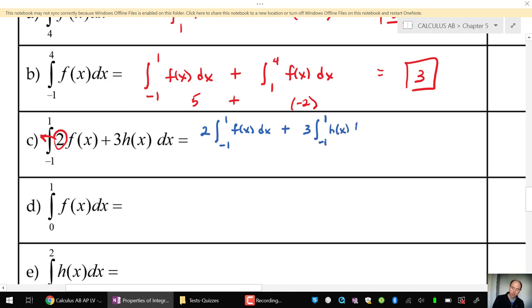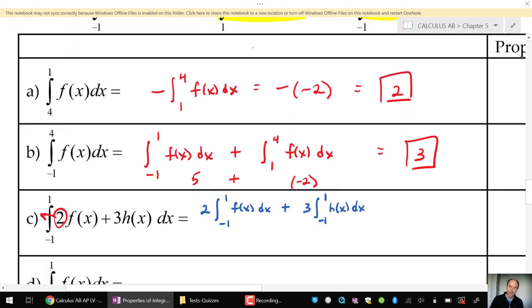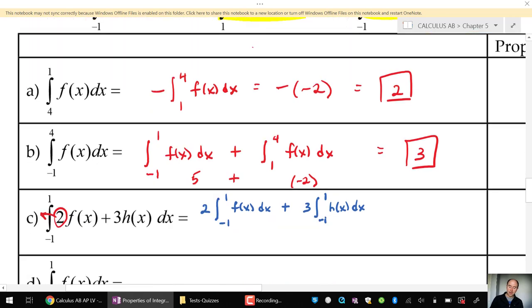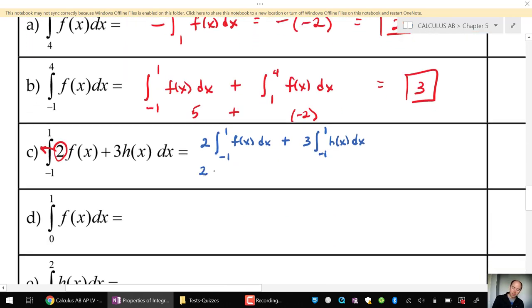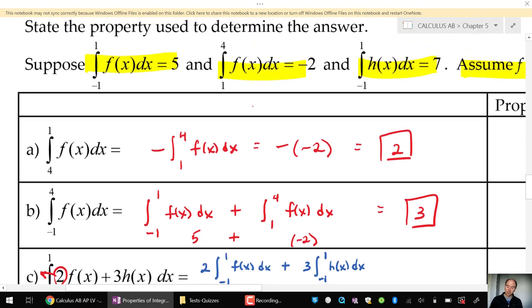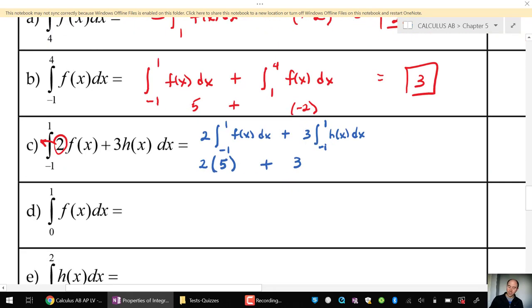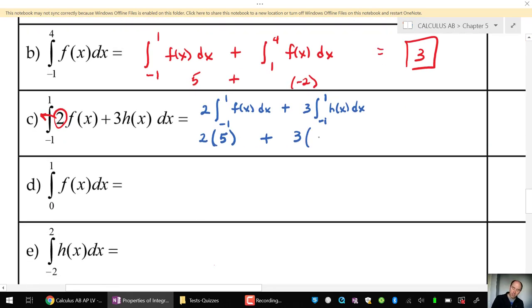So let's see if we have enough information to answer that question. The integral from -1 to 1 of f is given as 5. So I have a 2 times 5, and then plus 3. Do we know what the integral from -1 to 1 is of h? Yes, we do. It's equal to 7. So my final answer will be, looks like 10 plus 21. So solution for letter C is 31.